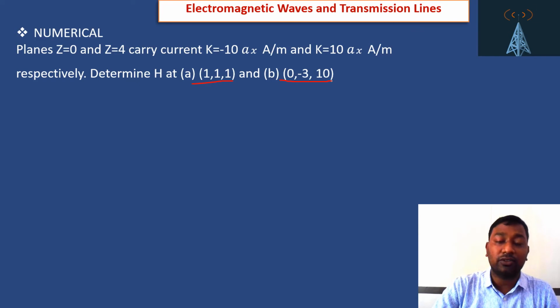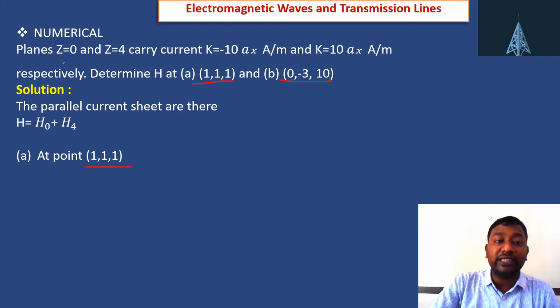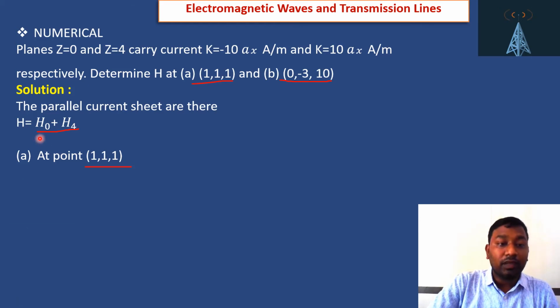First we consider the case for the point (1,1,1). Here two sheets are there, so H is the addition of the two contributions. H 0 is the magnetic field intensity at the point for the z equals 0 sheet. Similarly H 4 is the magnetic field intensity at (1,1,1) due to the z equals 4 sheet.